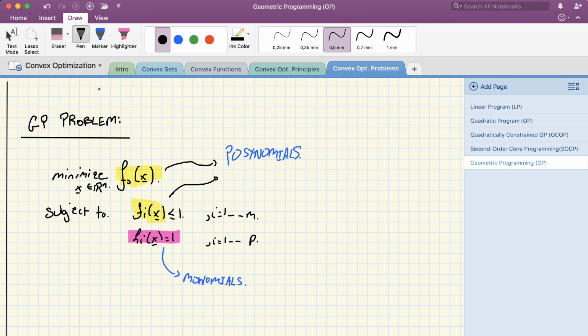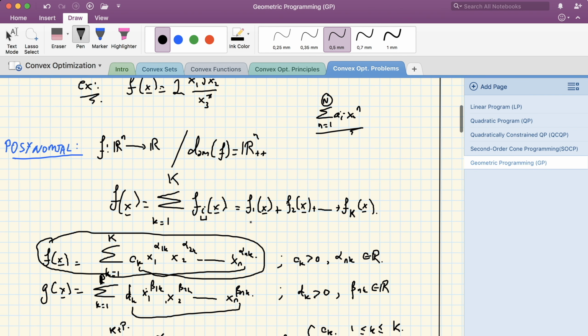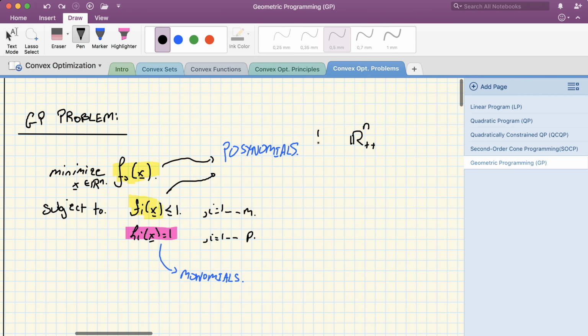You've got a GP problem. Now, to be more concrete about this, the domain of the problem, of course, because of the domains of polynomials, is Rn++, as we saw here and here. So D of this problem, the domain, has to be Rn++.